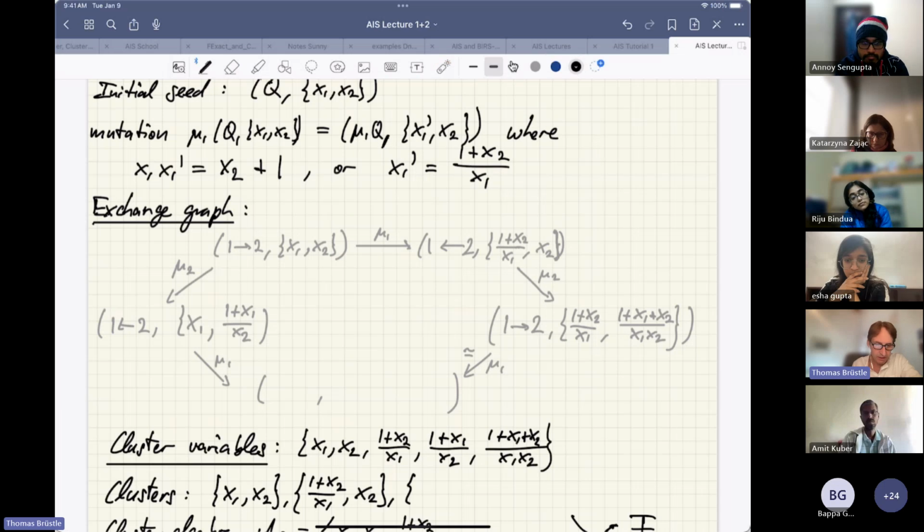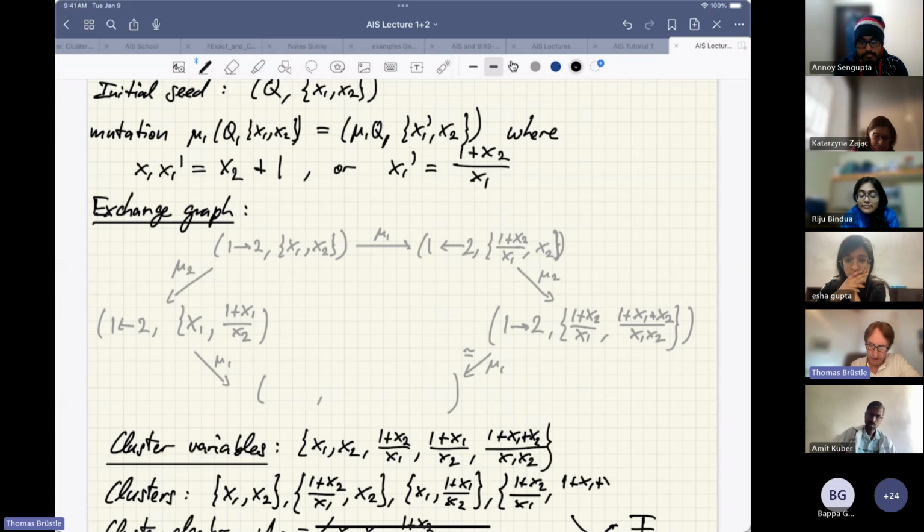So that cluster is the cluster given by x1 and 1 plus x1 over x2. And we also computed a new cluster. This was 1 plus x2 over x1 and 1 plus x1 plus x2 over the product x1, x2. So we have so far 1, 2, 3, 4 clusters and 1, 2, 3, 4, 5 cluster variables. And we are not yet finished.